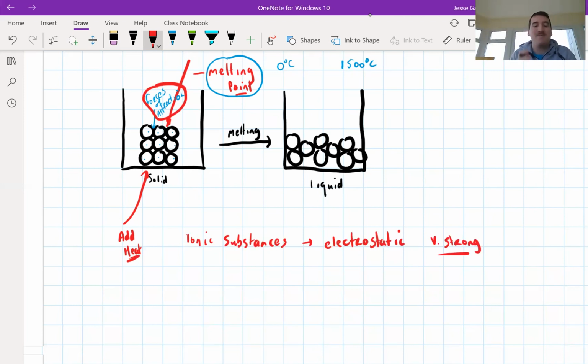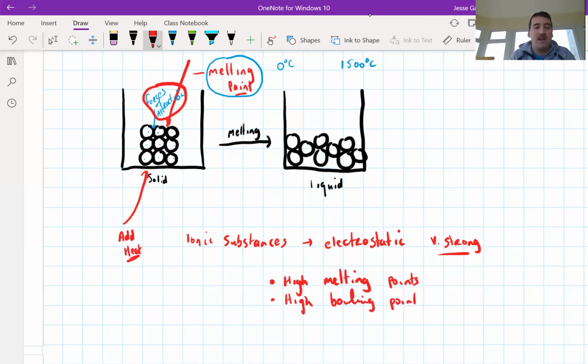What this means is that for ionic substances, it takes a lot of energy to turn them from solids to liquids, and it also takes a lot of energy to change them from liquids to gases. So a property of ionic substances is that they tend to have high melting points and high boiling points.